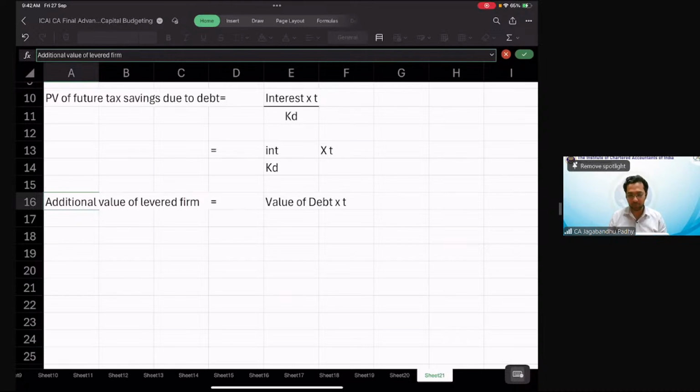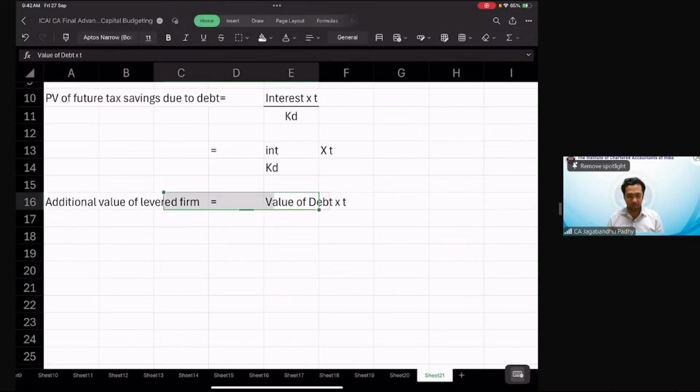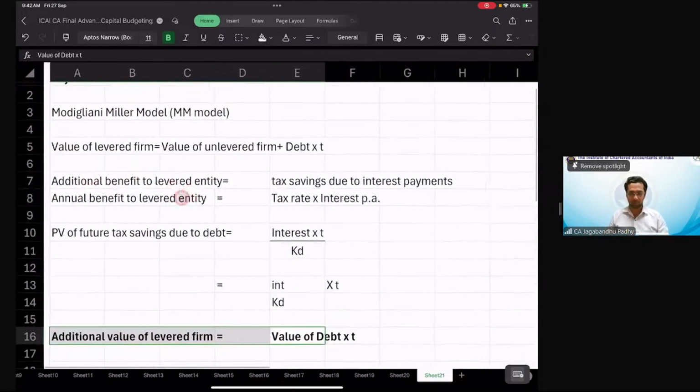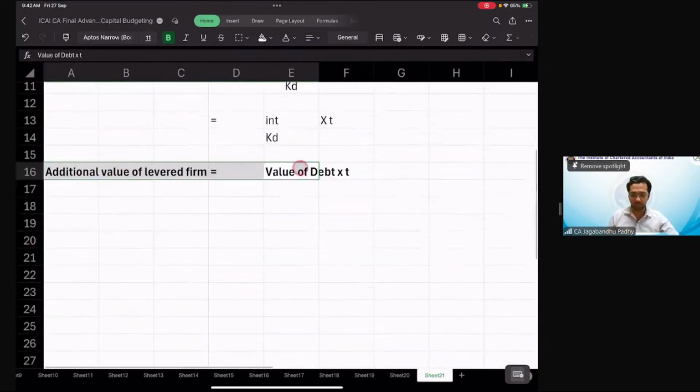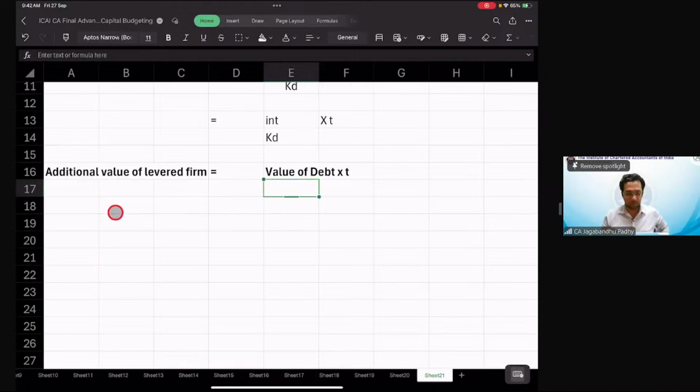Additional value of the levered firm is the value of debt into the tax rate. I hope it is clear why we were doing this debt into tax rate. That concept is clear now. Right? So additional value of levered firm is value of debt into tax rate over and above the unlevered firm. Correct? Am I right, everyone?